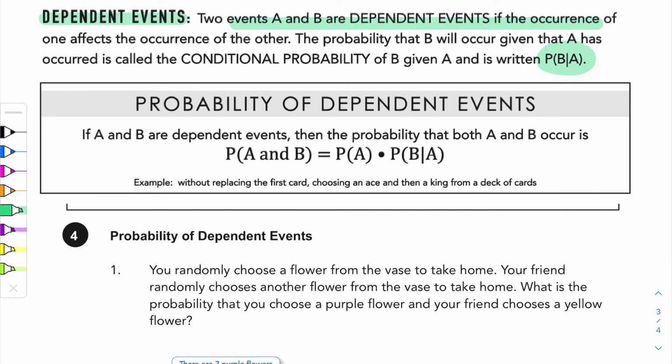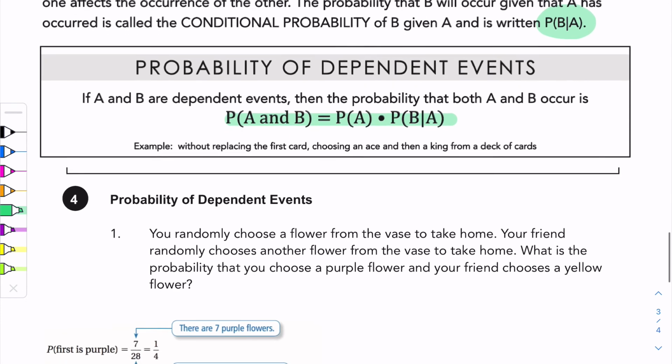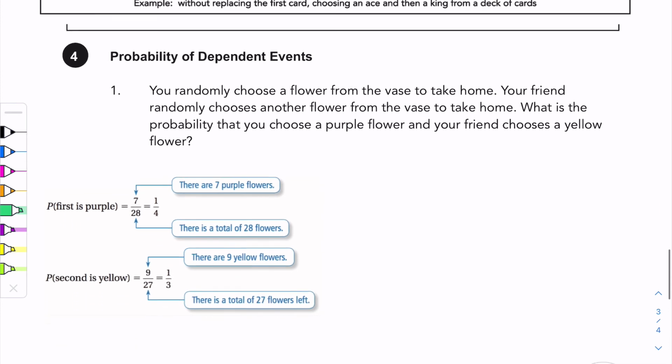So pay attention to the notation. So the probability of dependent events, the probability of A and B happening would be the probability of A multiplied by the probability of B given A. Let's make sense of this by looking at an example.